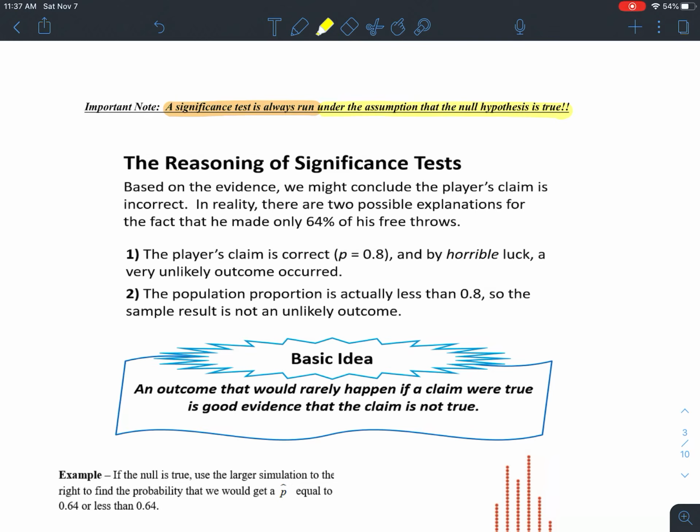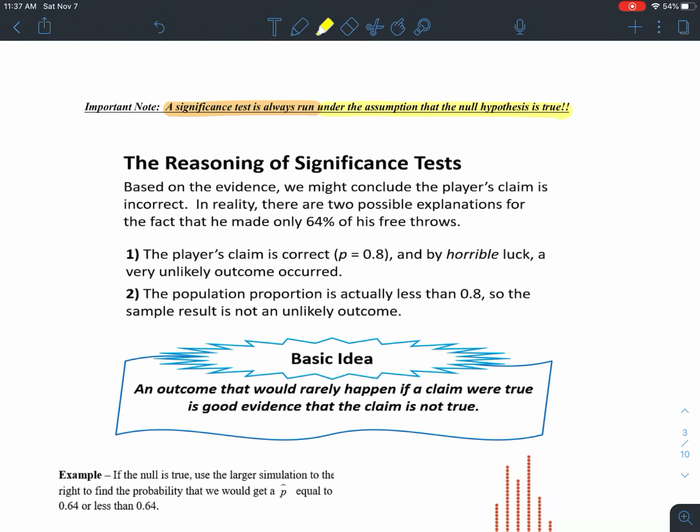But in reality, there are really only two possible explanations for why in the sample he only made 64% of his free throws. One explanation could be that Ricky Bobby's claim of being an 80% free throw shooter is actually correct.